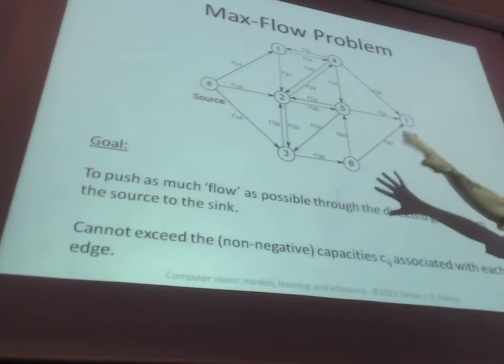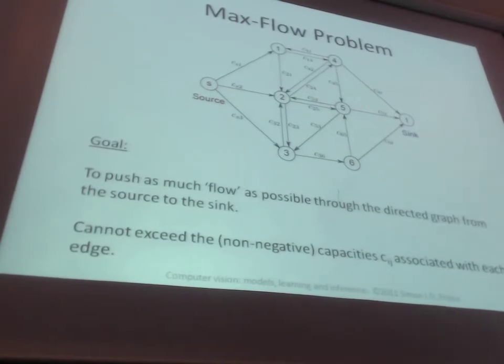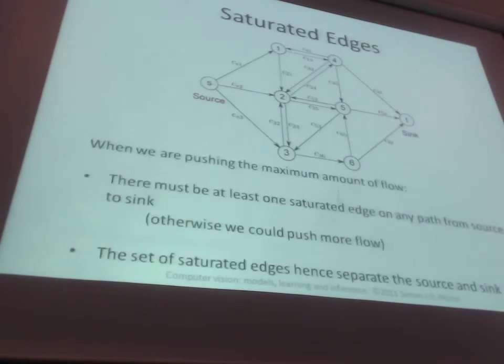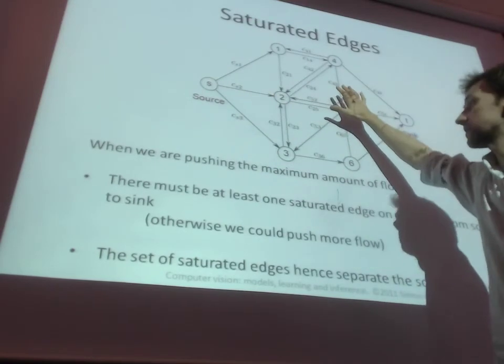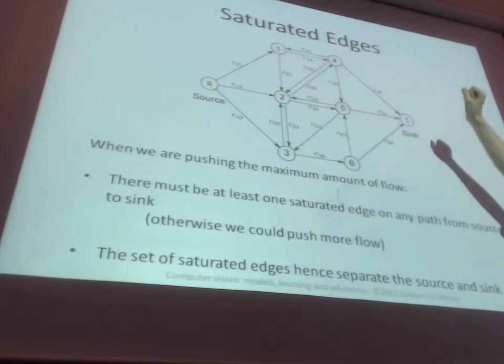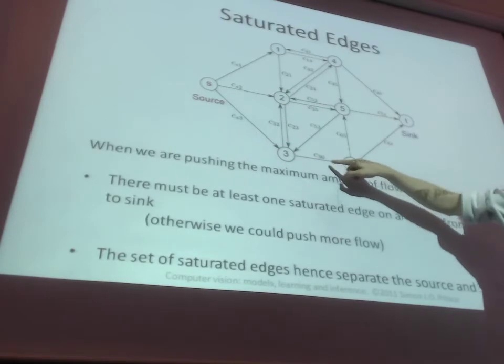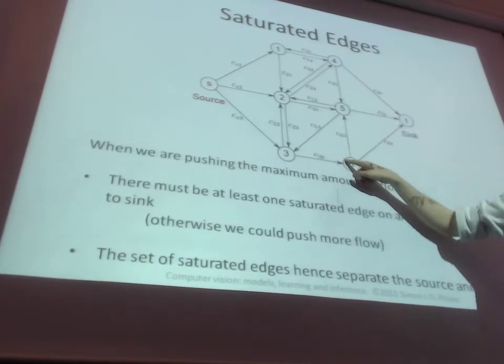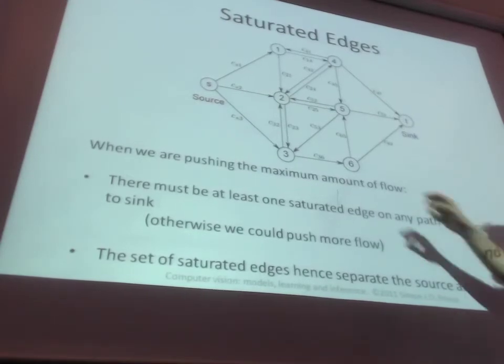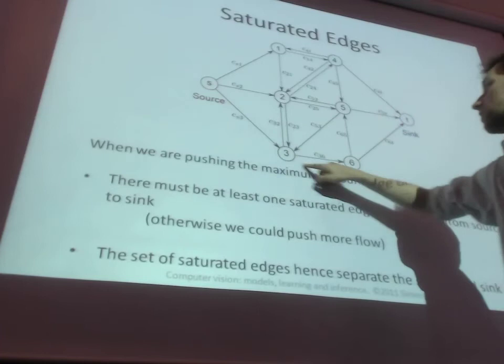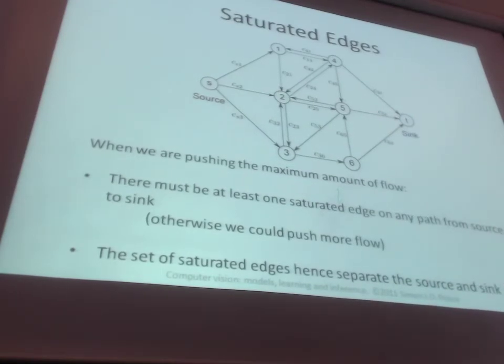So we've got our graph, we've got our capacities, and the capacities are non-negative. I think I've just described this. When we are pumping water in, where there's as much water as this system will possibly take, if you have an edge that's saturated, in other words, its capacity is already being met, then you have created a path from the source to the sink.